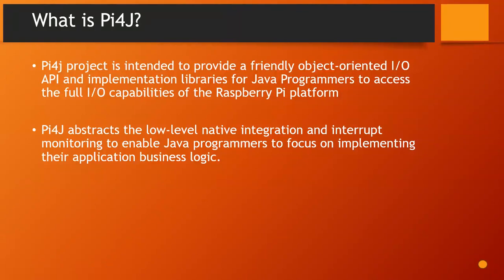So Pi4J abstracts the low-level native integration and interrupt monitoring to enable Java programmers to focus on implementing their application business logic. And what happens here, in between the lines, is everything is going to be done in C++, right? So the Pi4J is a C++ library.